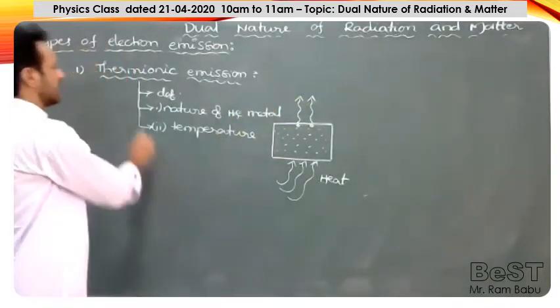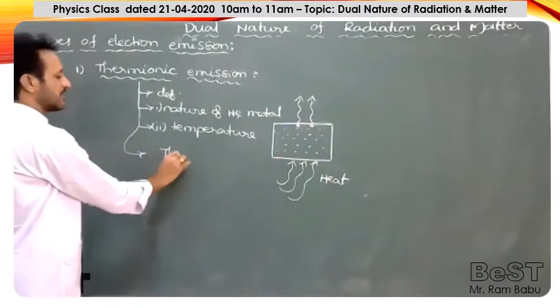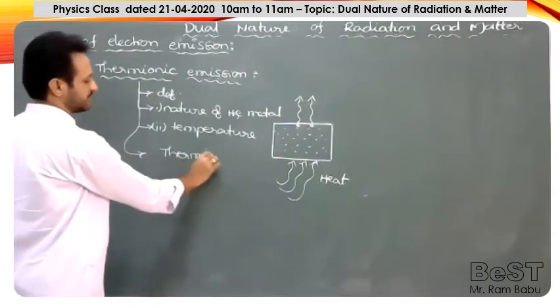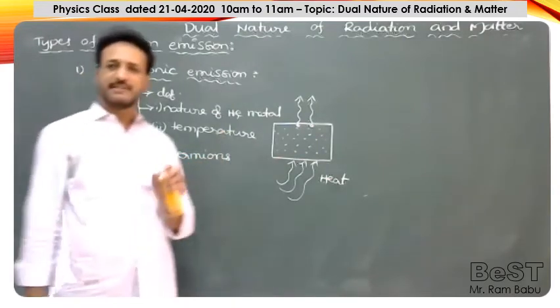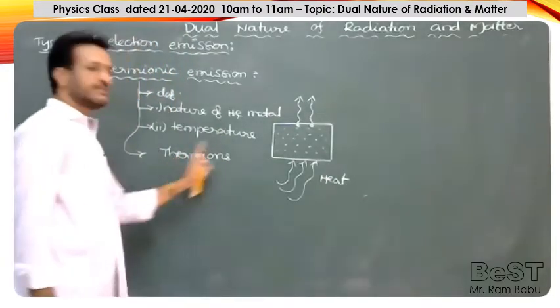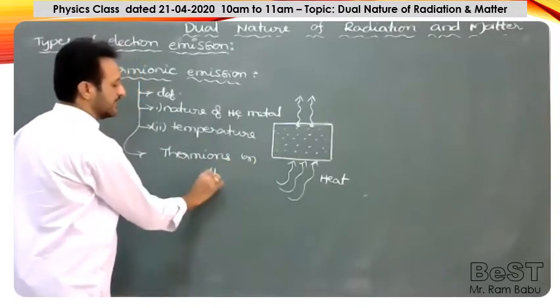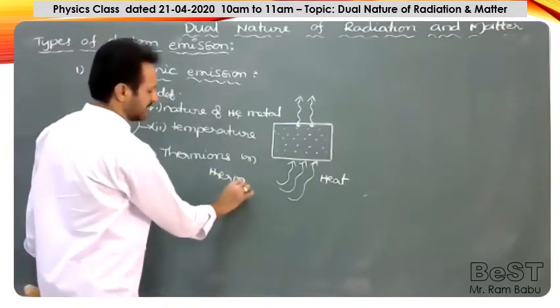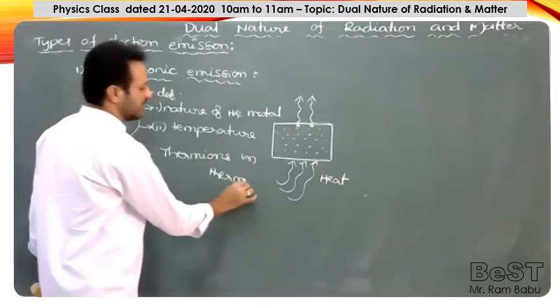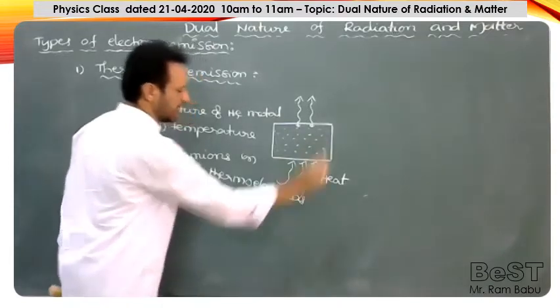The electrons emitted from the metal are thermoelectrons or thermions. Electrons emitted from the surface of the metal because of heating are called thermions, or thermoelectrons.